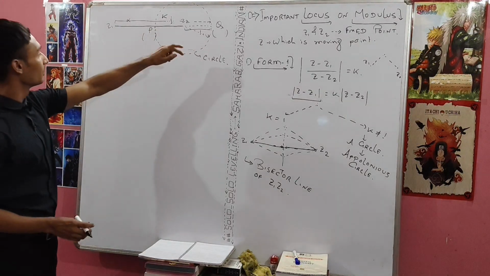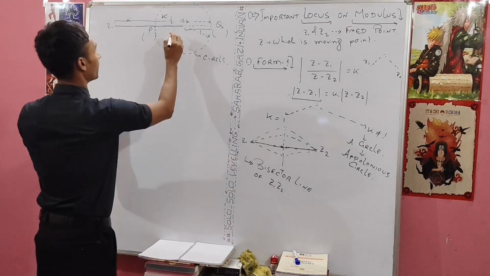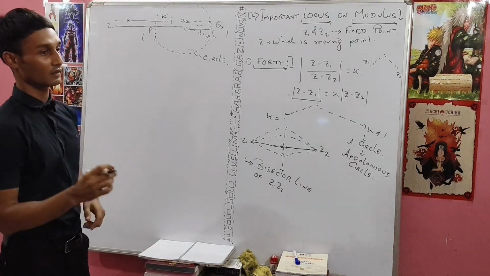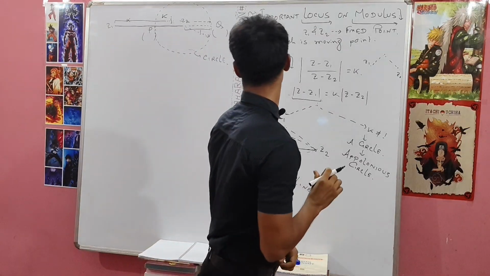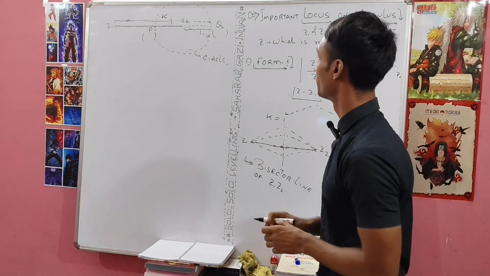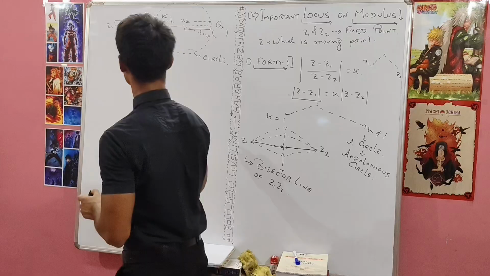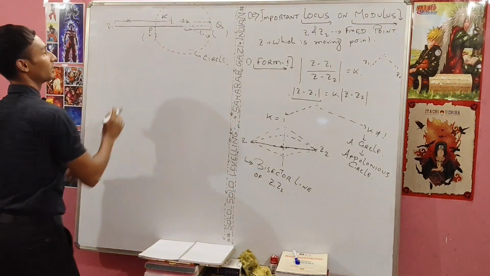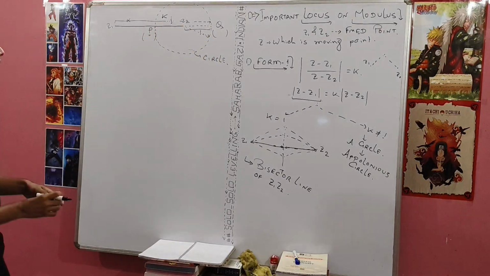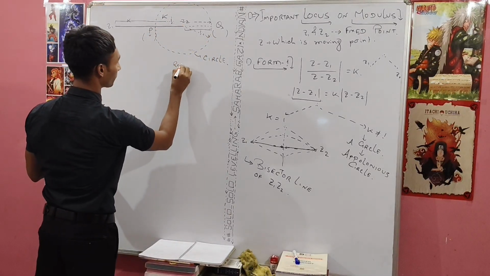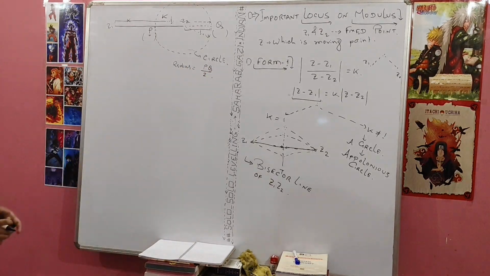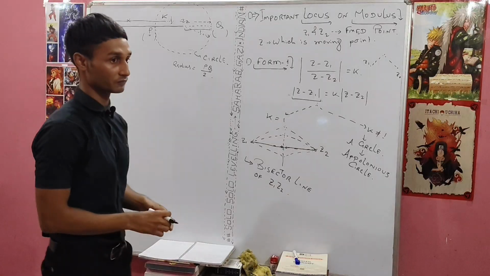In the same way, q will divide z1 z2 externally with k is to 1. Then you will find the position of q, that is k z2 minus z1 by k minus 1. So you find the two diametric ends, p and q, of the circle, and the radius will be pq by 2. Then you will find the equation of that circle, right?